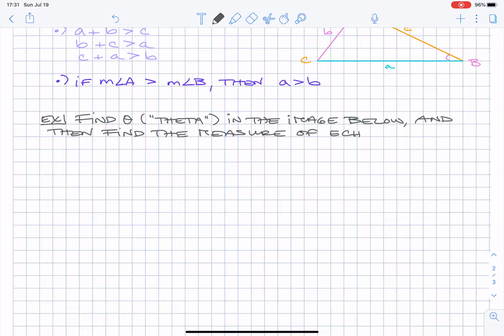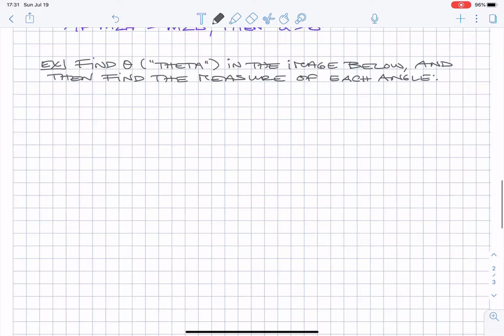Wow, that's not how you spell each. Nope, not at all. Of each angle. Okay, so let's say we have a scalene triangle. Something like so.